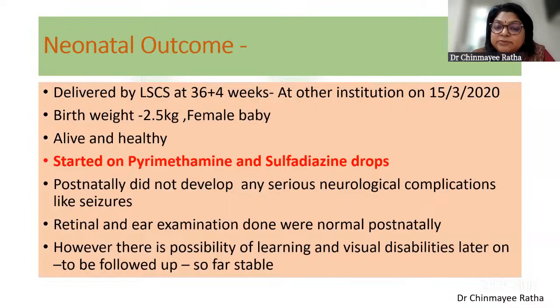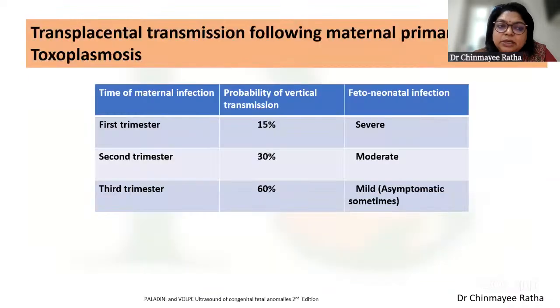At 36 weeks, 4 days, she delivered a baby girl who was absolutely fine. The baby was also started on pyrimethamine and sulfadiazine drops postnatally. Luckily, the baby did not develop any serious neurological complications, and the retinal and ear examinations postnatally were fine. Because the treatment was started, although the fetus was infected and affected in utero, it did not have long-term postnatal sequelae.